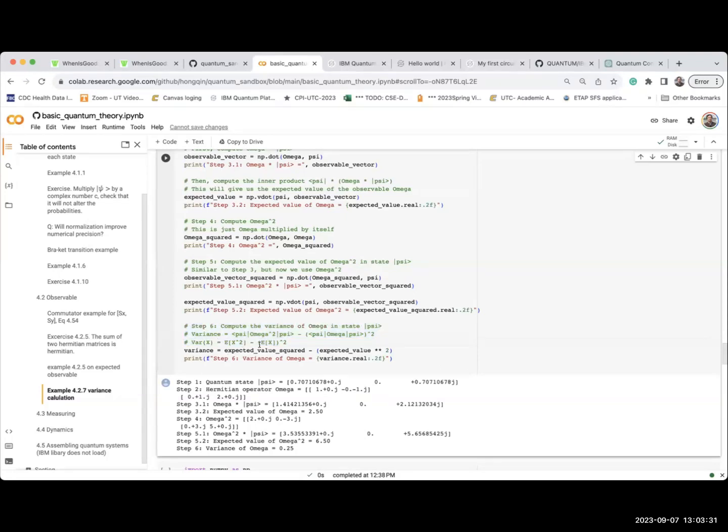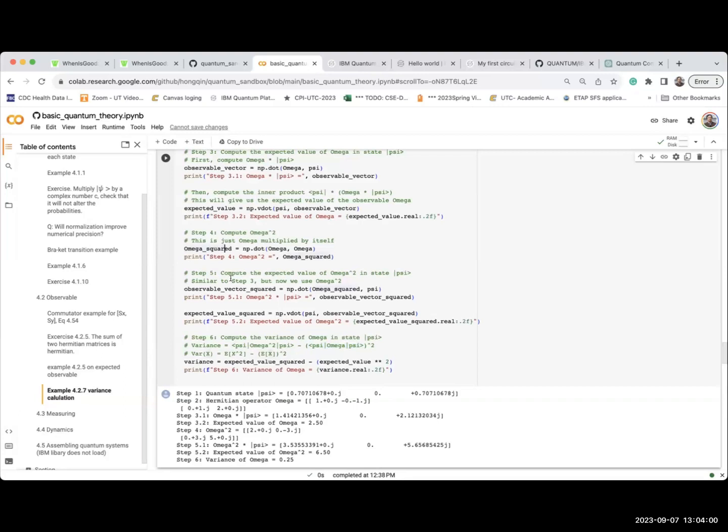So that's the expected value squared itself, and then the squared observation, and then expected value. Omega squared observed squared.